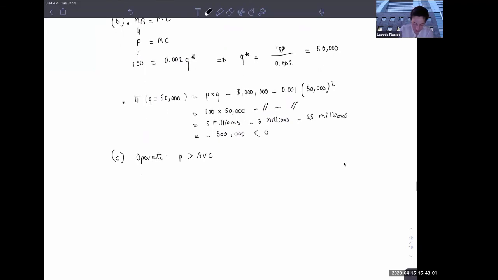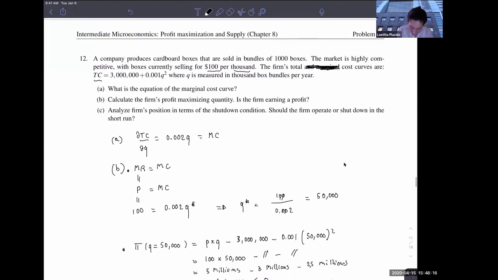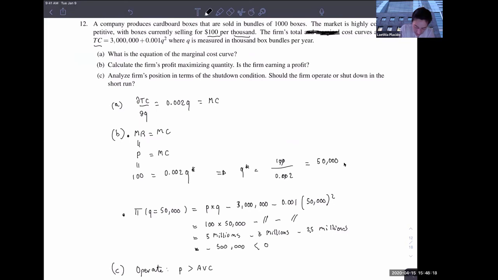Okay, so what is the average variable cost here? So that's the variable cost divided by Q, and the variable costs are this.